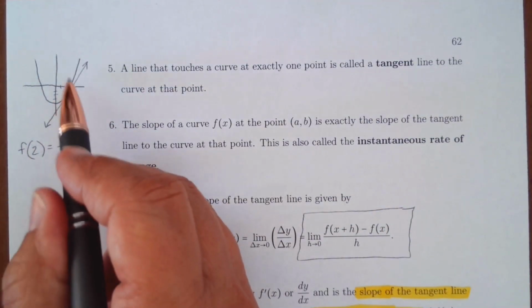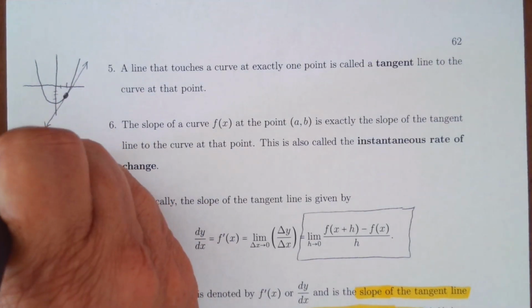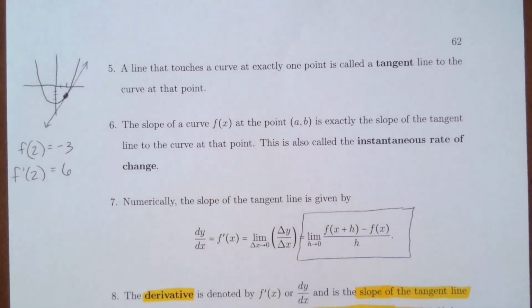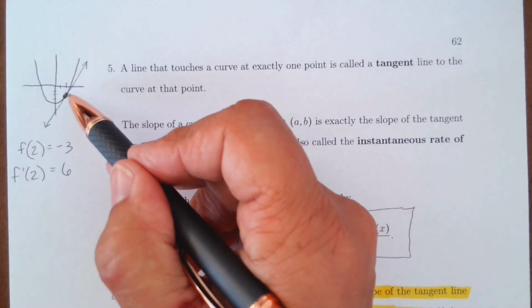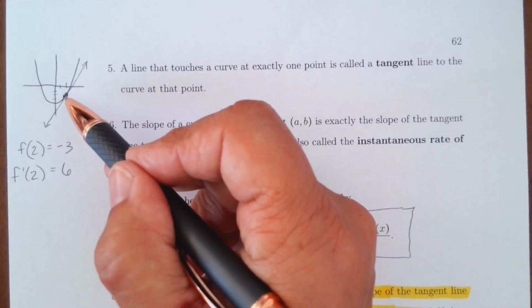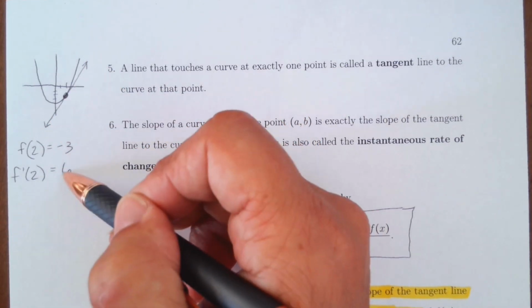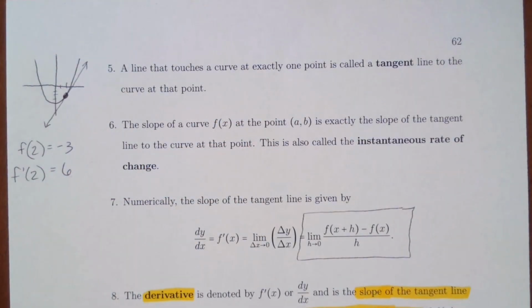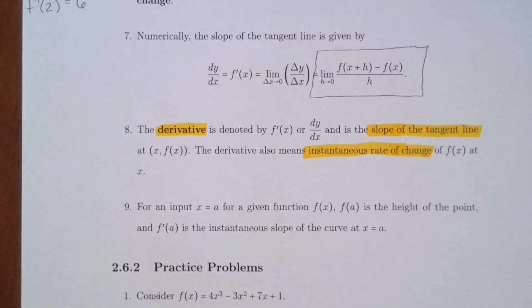So -3 is the height. That's how high up above y or below y it is. But if I told you f prime of 2 was 6, then that's the slope of this line right here at x equals 2. That's the slope of the tangent line. So that's what this number represents, the slope of the tangent line at 2, or the instantaneous rate of change at 2. That's what number 9 says. It says instantaneous slope, same thing, rate of change.